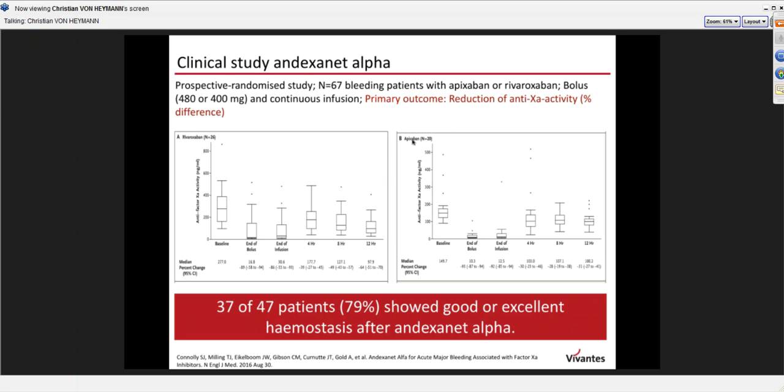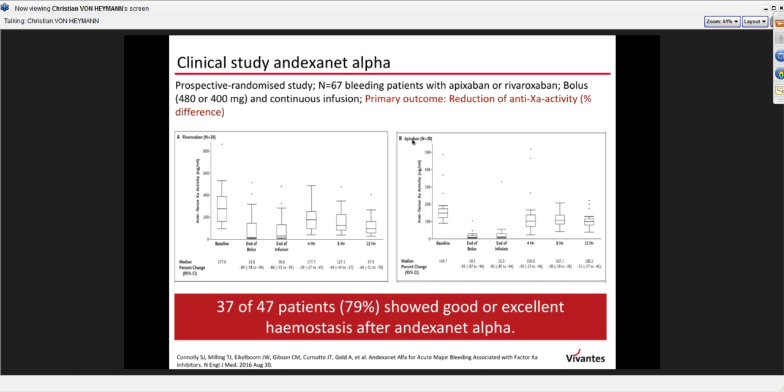There were patients with very low levels, and there were patients with very high levels. So we cannot have the correlation that high levels have a higher risk of bleeding and lower levels having a very low risk of bleeding.